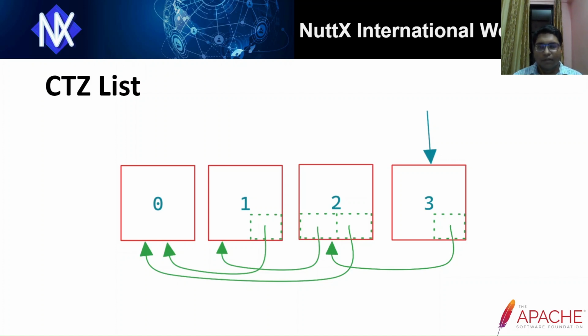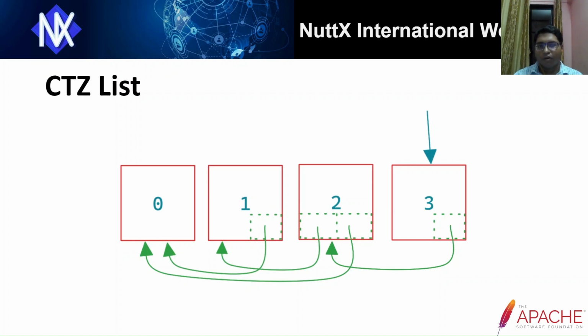The first pointer of the node 2 points to block 2 minus 2 to the power 0, which is basically block 1. Also, the second pointer of block 2 points to block 2 minus 2 to the power 1, which is block 0.